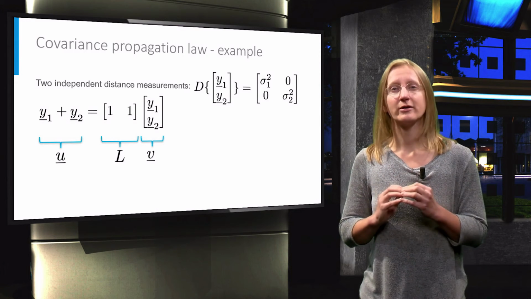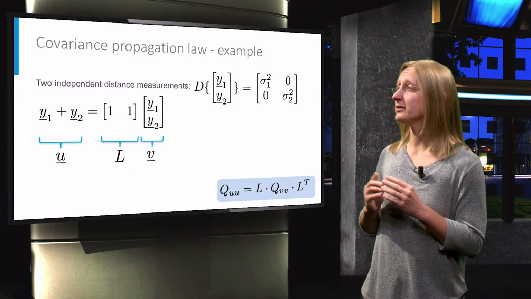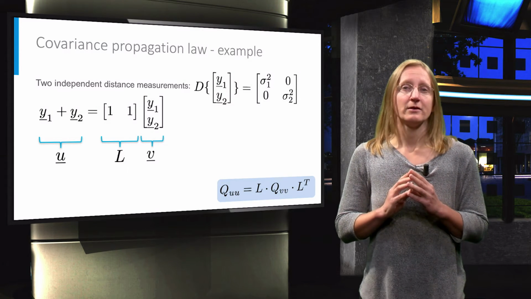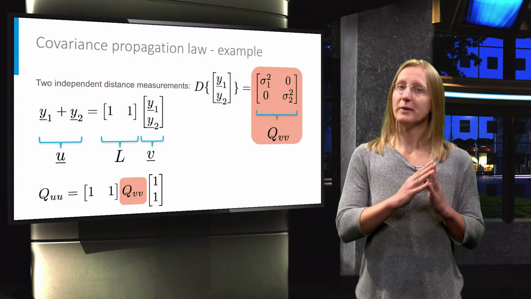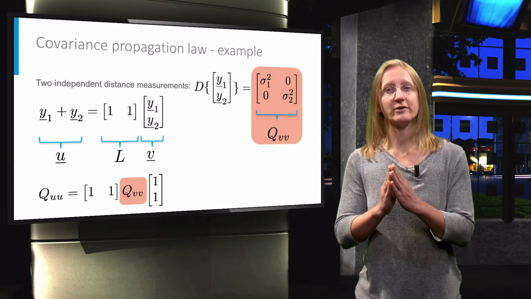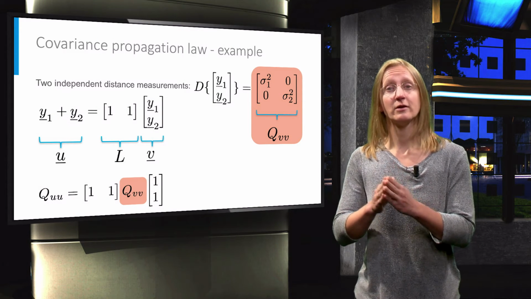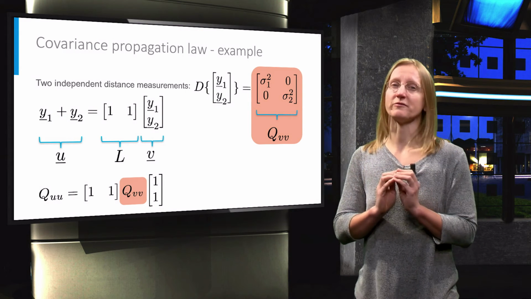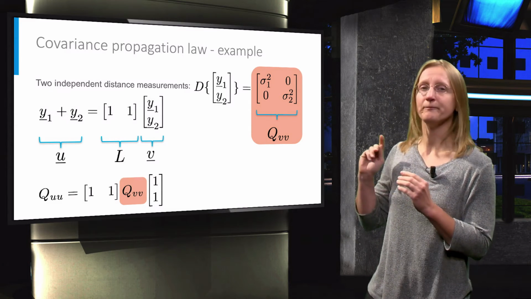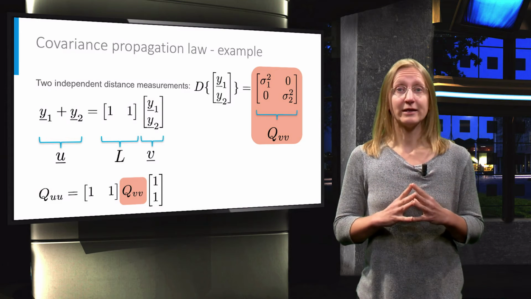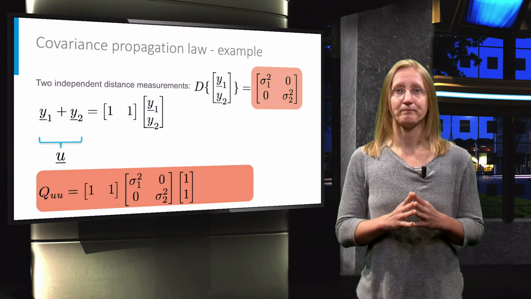We can now apply the covariance propagation law as shown in the bottom right. The covariance matrix of u is thus equal to matrix L multiplied with the covariance matrix of v multiplied with the transpose of L. We plug in the covariance matrix of v and we get this expression.